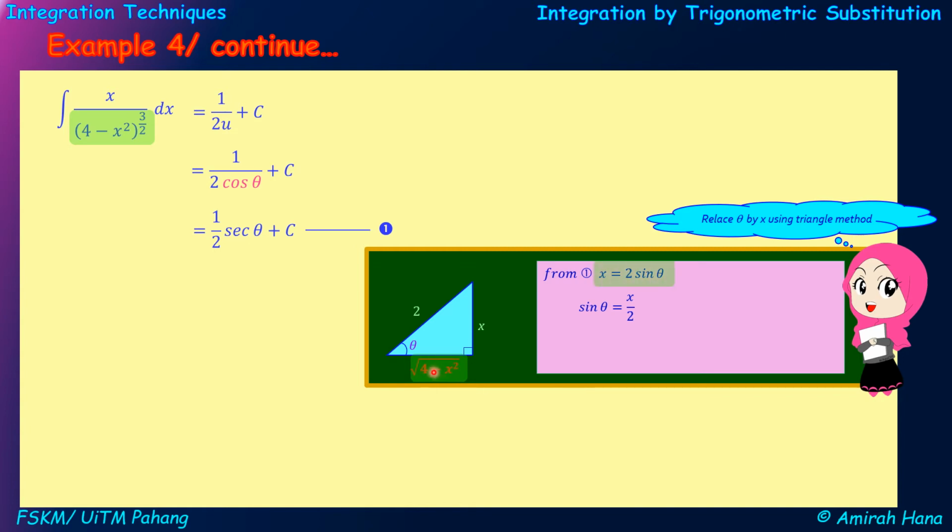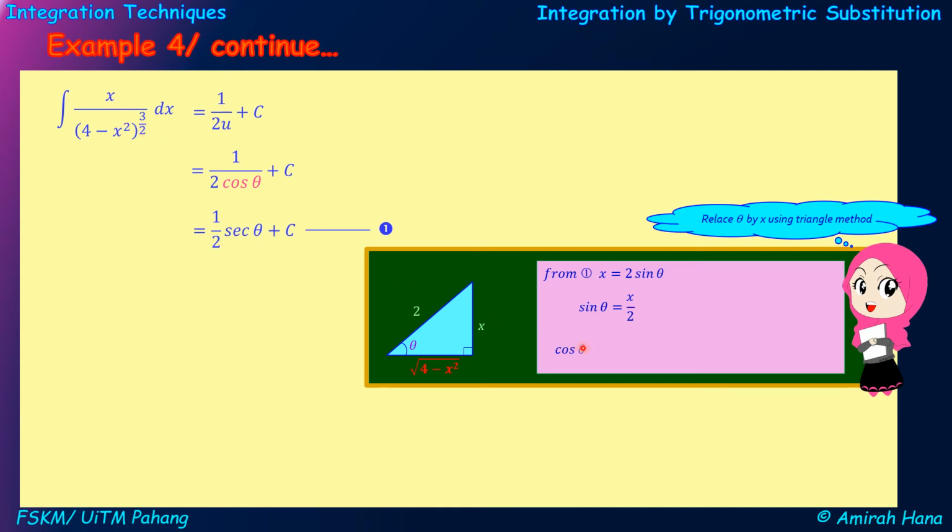So that means we took the correct function for x. From here, it means that we chose the correct method, the correct substitution for x. Alright, so now our goal is to replace sec theta in terms of variable x.